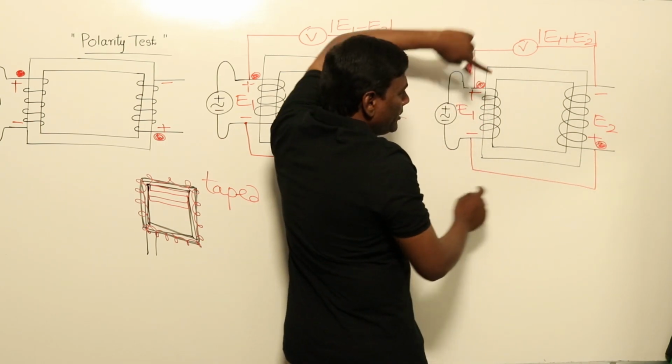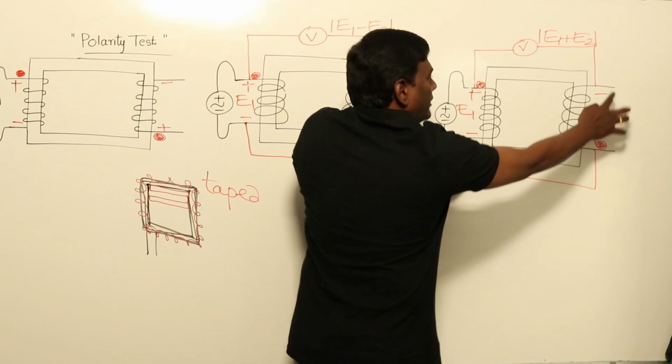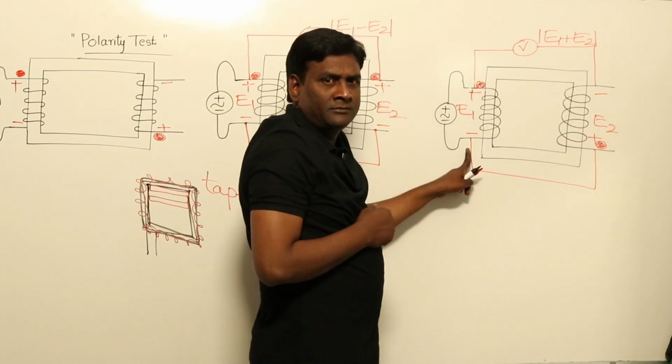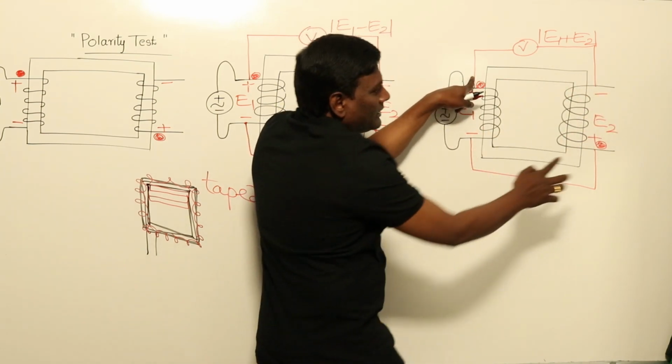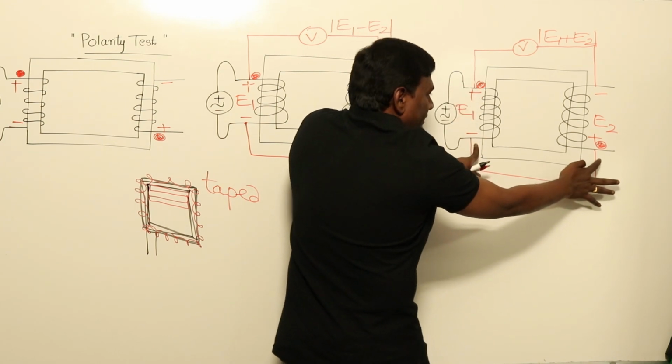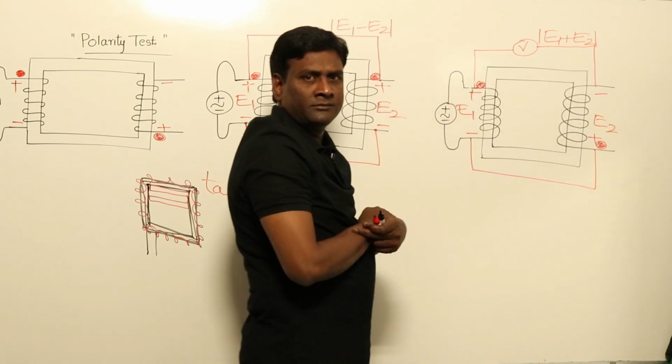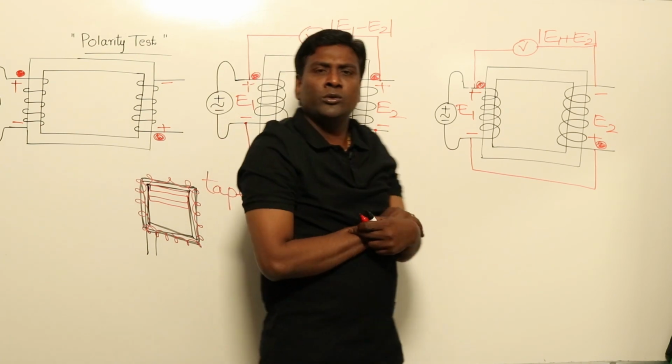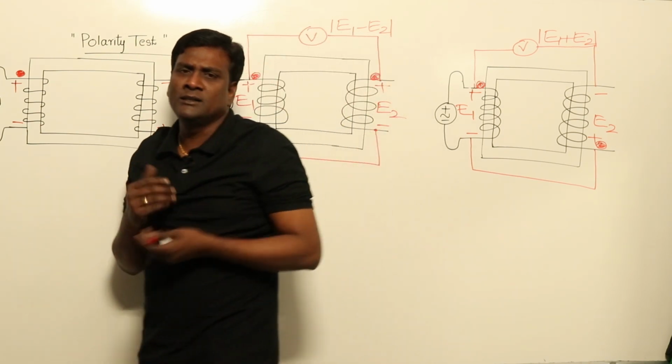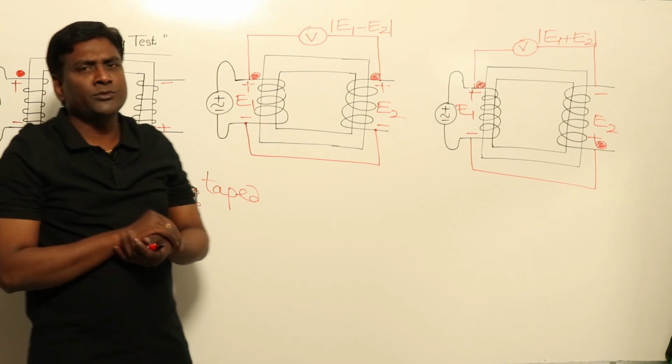If you keep the dot here and here, or here and here, it is going to be the same. In this way we conduct the polarity test and find the polarities. We will solve the problem soon.